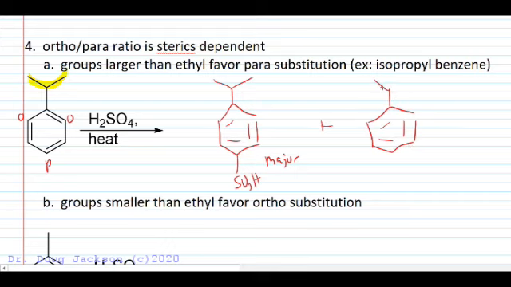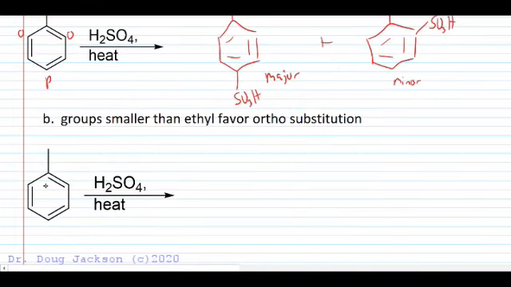Ethyl tends to be the 50-50 breaking point, but it also depends on how big the group you're adding is. A sulfonic acid is a smaller group, a little bit bigger than chlorine, but smaller than others, and so it tends to be the alkyl group, or the group that's already in place, that has the major effect. But you still get some ortho that's minor but significant.